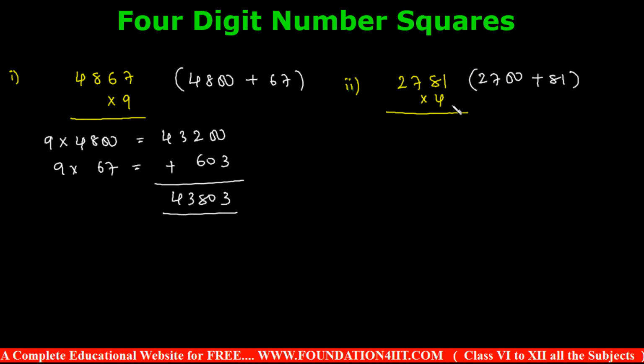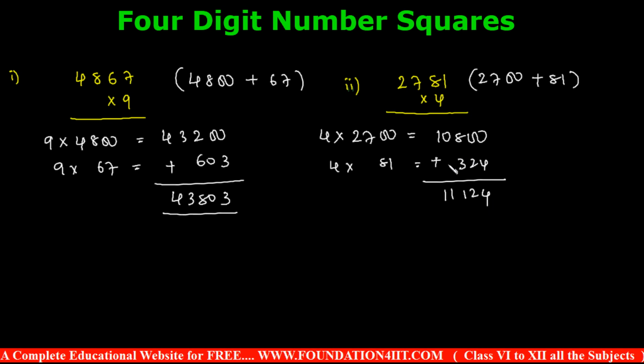You need not write it, just keep it in mind and add internally. You multiply 27 with 4, and similarly 81 with 4, and add both. 27 into 4 is 108, with 00 attached, plus 81 into 4 is 324. These are 2-digit by 1-digit multiplications already practiced. If you add, that is 11,124.